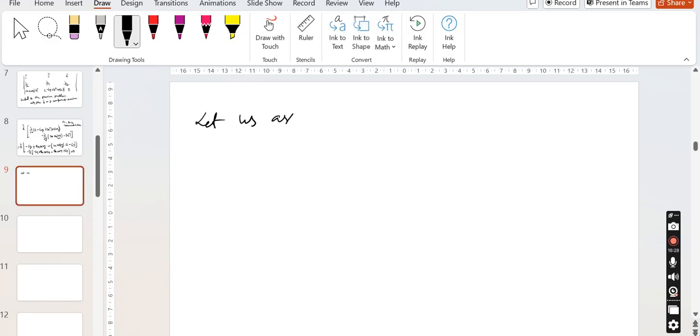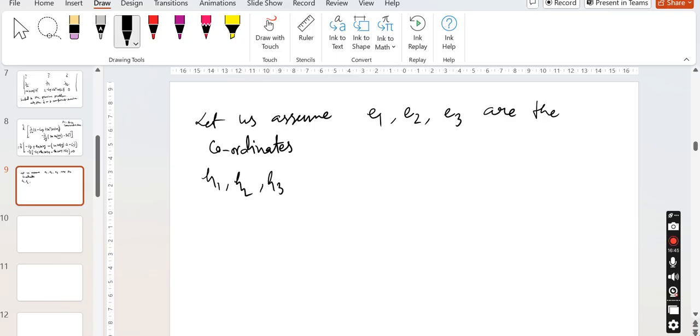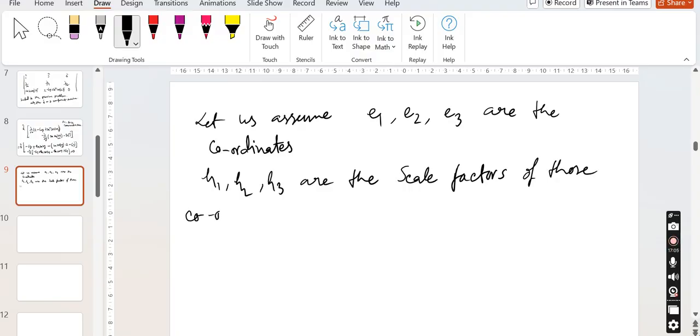Let us assume E1, E2, E3 are the coordinates, and H1, H2, H3 are the scale factors of those coordinates. Assume R is the position vector.